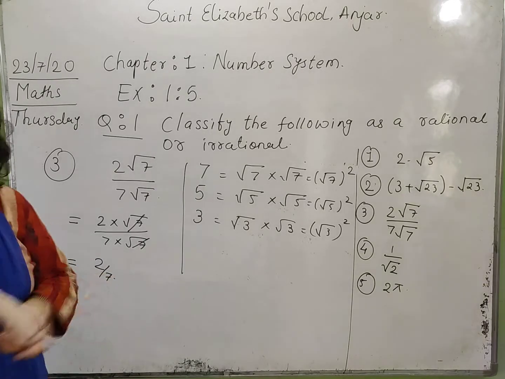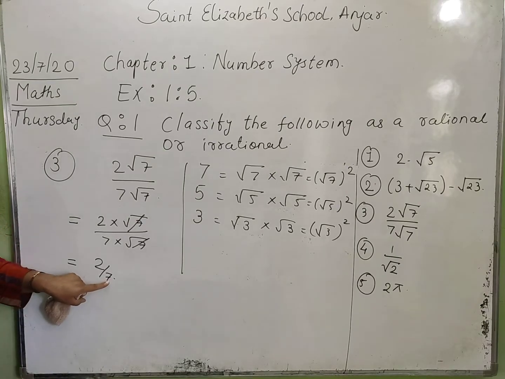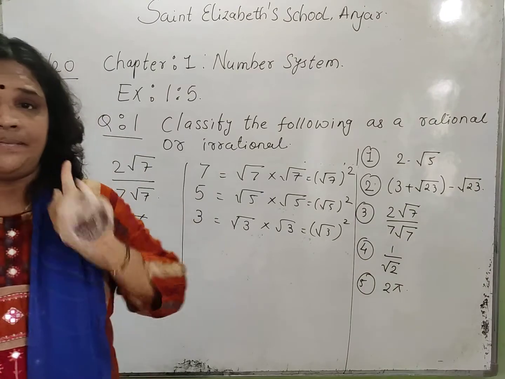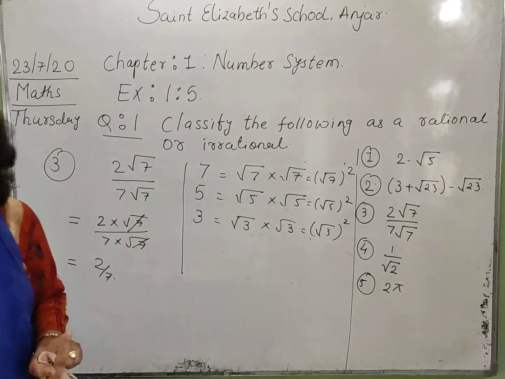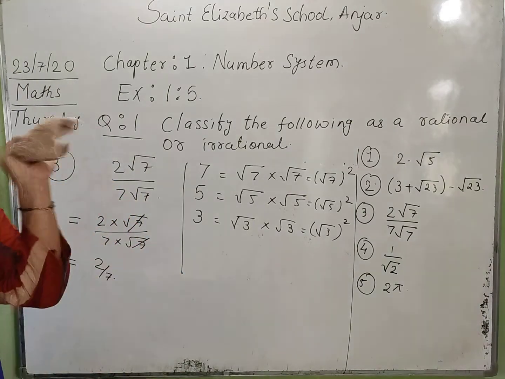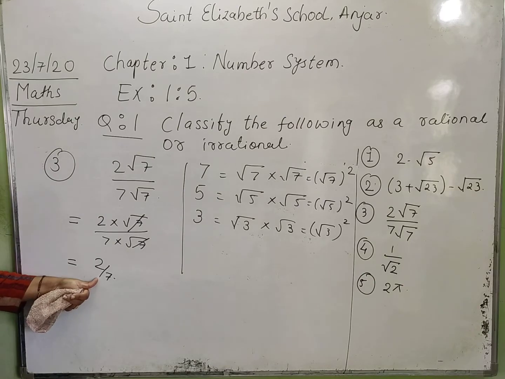Now for that we have to perform the division method. As I told you, when the denominator has a prime number, it is always non-terminating. But we cannot say whether it is non-terminating recurring or non-terminating non-recurring. For that we have to perform the division method.